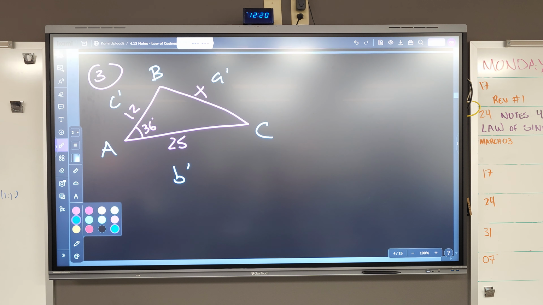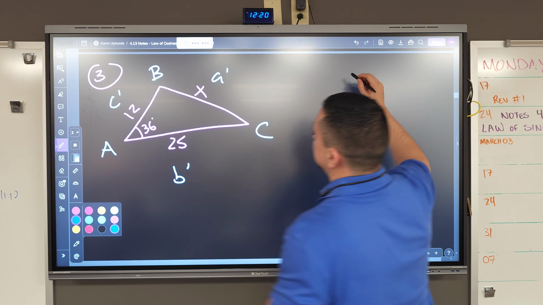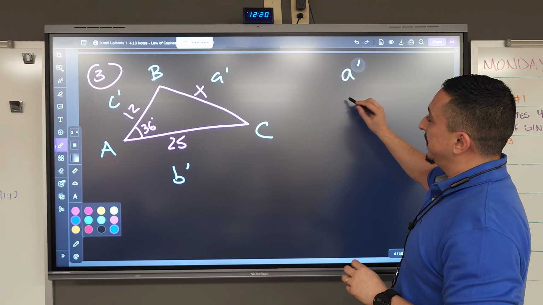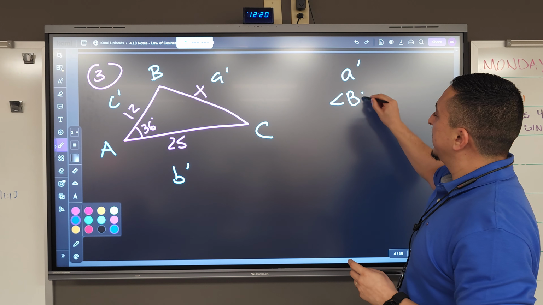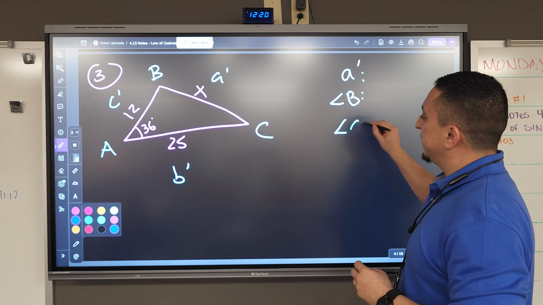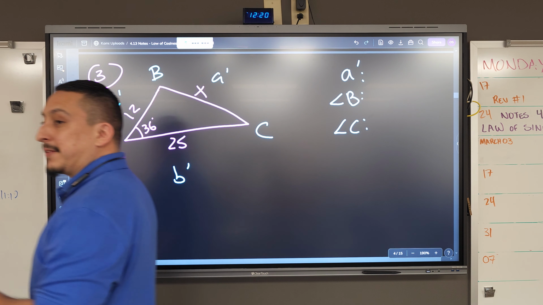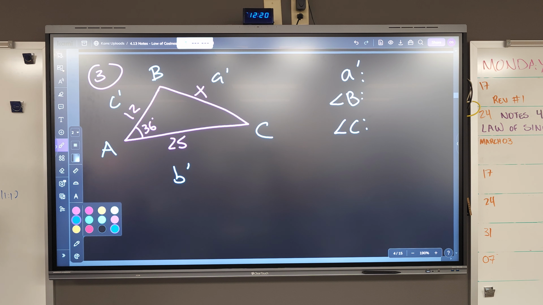No pathway. You choose your pathway. You choose the way you want to go, but we want everything this time. I want side A, angle B, angle C. I don't care what you find first. Find all the parts.